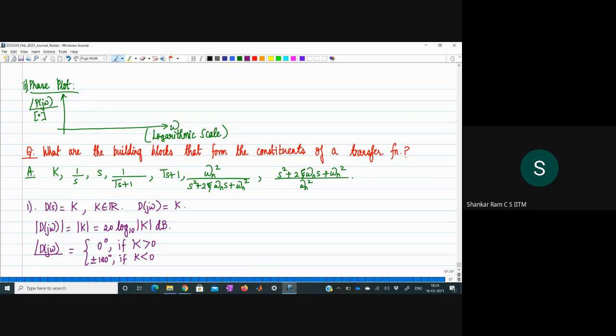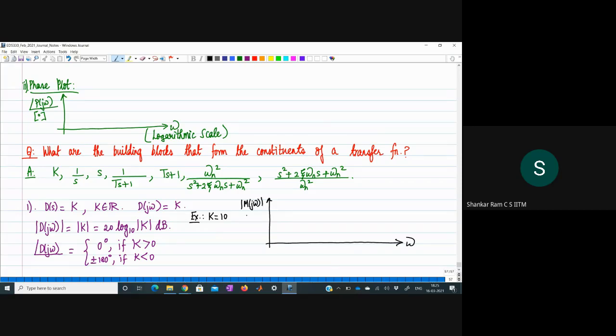Let's take an example. Let's say k is equal to 10. If k is equal to 10, what will be the decibel measure? What do you think will be the magnitude? In decibels?